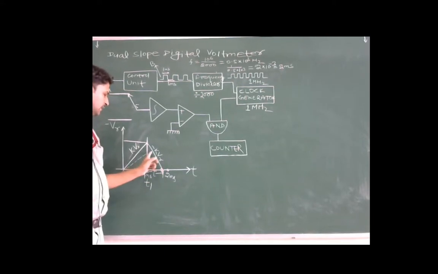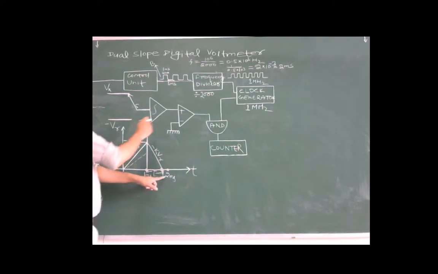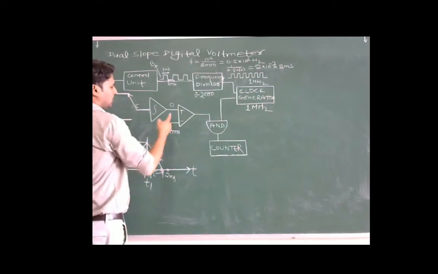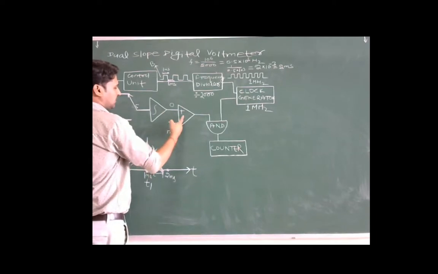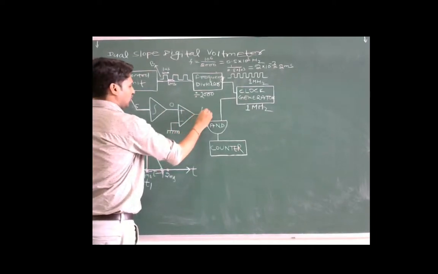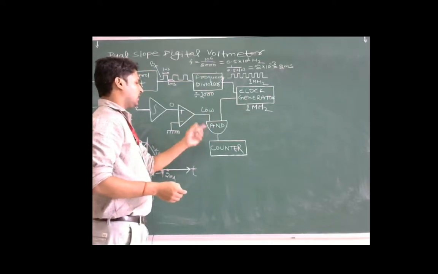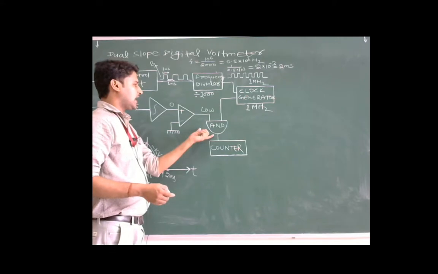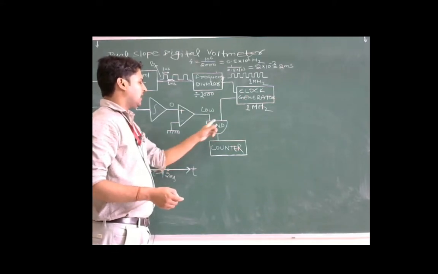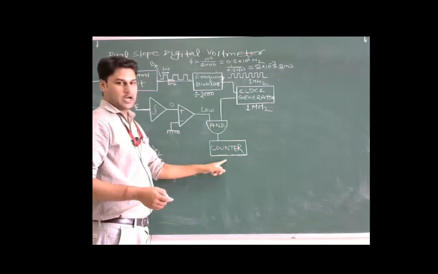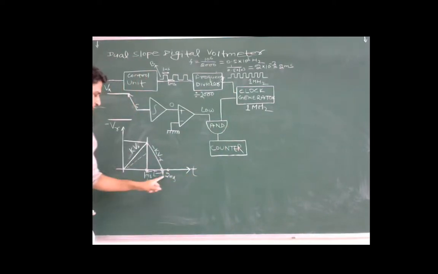Because when this line crosses the time axis, means when the output of the integrator becomes 0, at this time the output of this comparator will go low, and it will deactivate this AND gate. Deactivating the AND gate will not allow this clock pulse to pass to the counter, and the counter will stop counting at this moment.